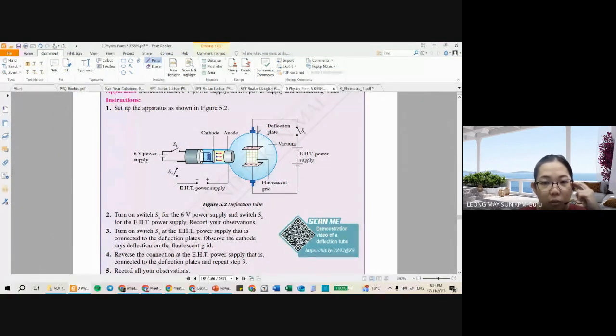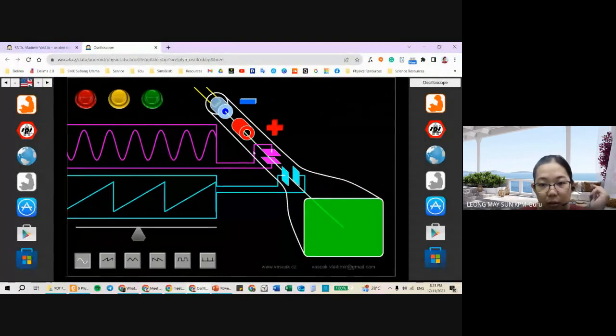Now, this deflection plate only has one set, placed above and below. This above and below is similar to the purple color one, whose main purpose is to cause the cathode ray to move up and down.